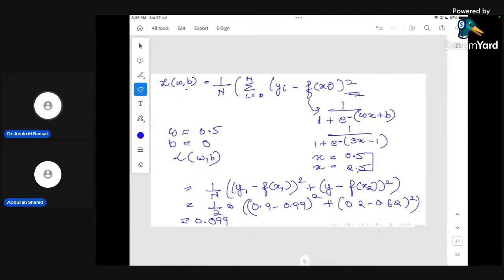It can be an infinite number of times because I'm doing a random guess. I'm just trying a random guess and seeing whether my loss is decreasing or not. And out of all this, corresponding to the minimum loss, I will pick W and B. Okay. So this approach of random guessing is not feasible in the real world.